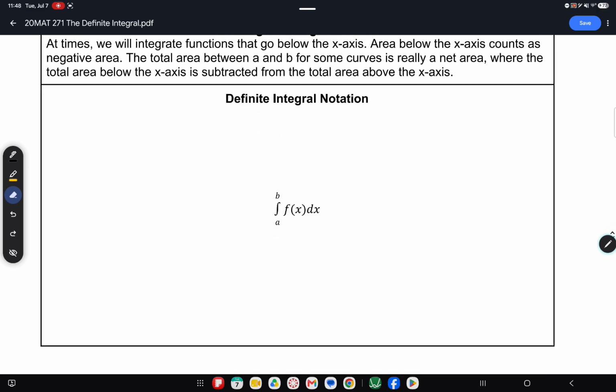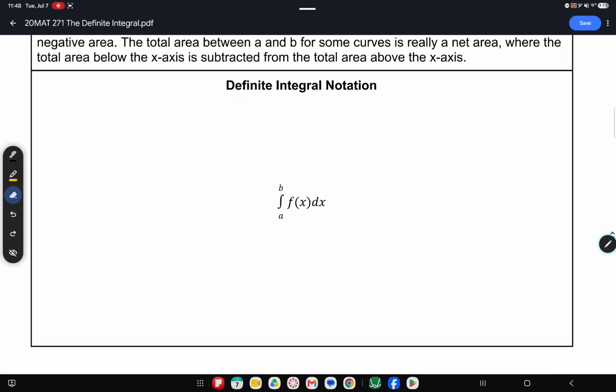All right, so we may have pieced together the integral pieces before, but just as a little reminder here. We have this little, I call it a little S symbol, because it looks like a funny shaped S, right? That's the actual integral symbol. A and B should be new to us, because before we didn't define this A and B. A is going to be the lower limit, or the lower bound, and B is going to be the upper limit, or the upper bound.